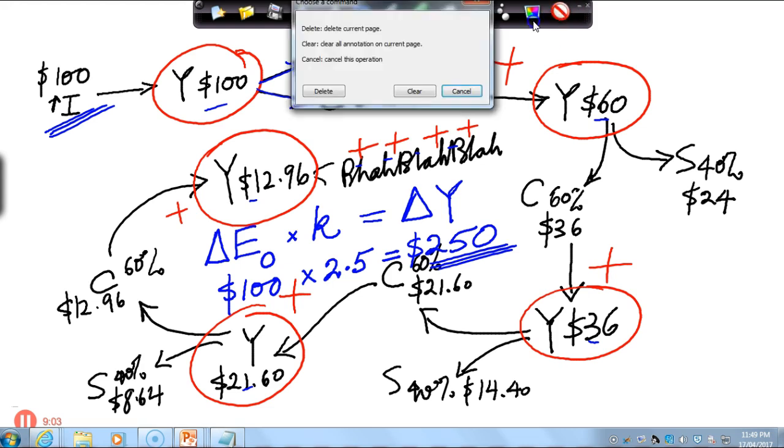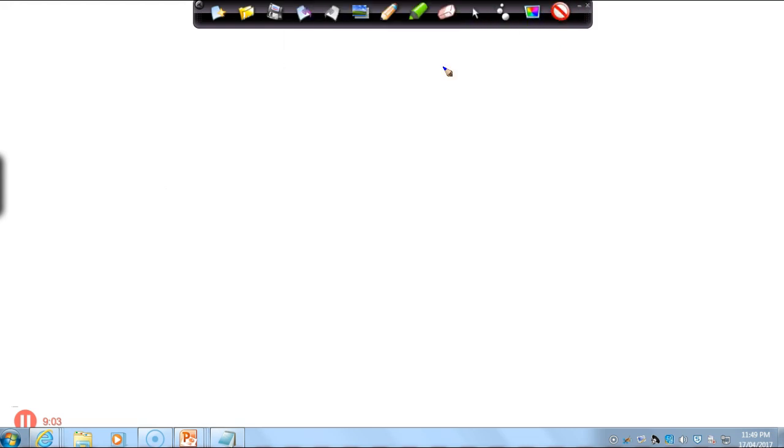So let's do it again, but this time I'll leave out the numbers, but you'll get the idea. We've got our initial change, an initial increase in autonomous expenditure, let's say it's investment expenditure, which leads to an increase in income. Now, of that income, before anything else happens, some of it is lost in tax.